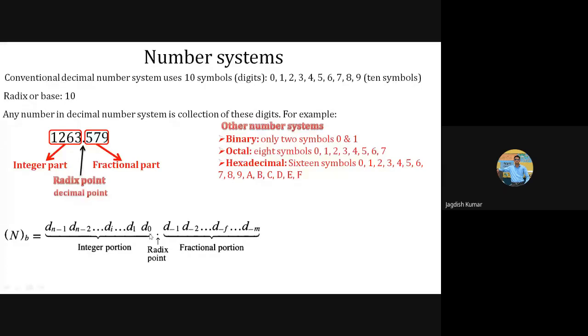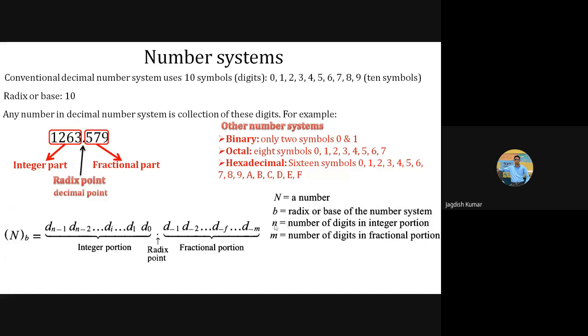This is called a bit. This goes all the way up to n. Here capital N means the number as such, B is the radix or base of the number system, and then there are small n and small m.